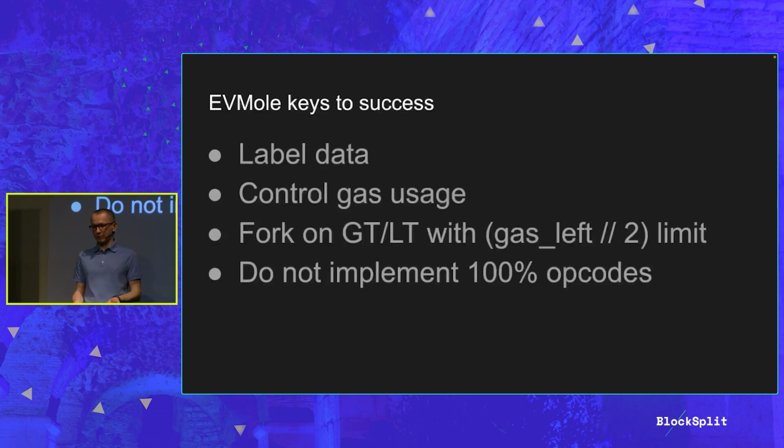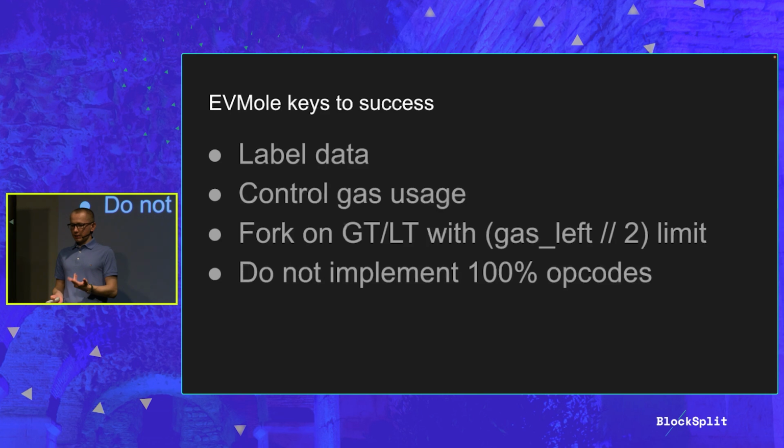So the 4 points of EVMole to success: label data, and control gas usage, because the function selector and the argument type extraction are performed at the early stage of execution of the contract, and we don't want to go deeper into the contracts.